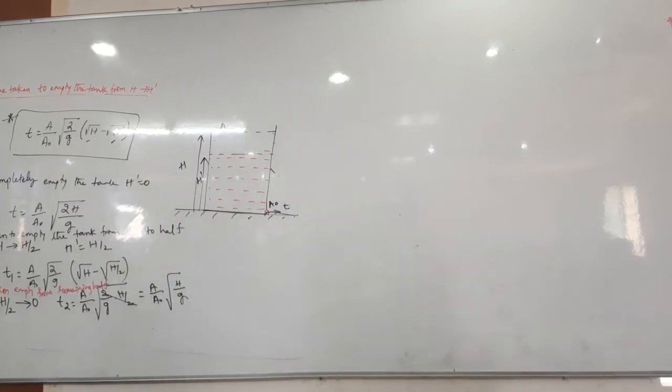This much time, in front of you only formulas are there. You have to find out the ratio of T1 divided by T2, that's it.